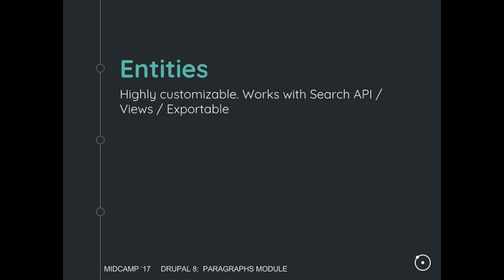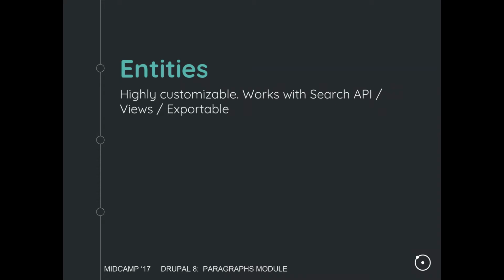All right, so paragraph types are entities, which means it's highly customizable. You can easily create new paragraph types and add any kind of field as you would to any other content type, as well as all the field formatters.